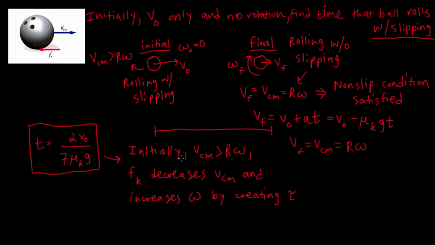And that's what increases the angular speed. So the force of kinetic friction decreases the velocity of the center of mass, and it increases the angular speed until the non-slip condition is satisfied, or until this condition right here is met, that the velocity of the center of mass has to equal r times the angular speed.